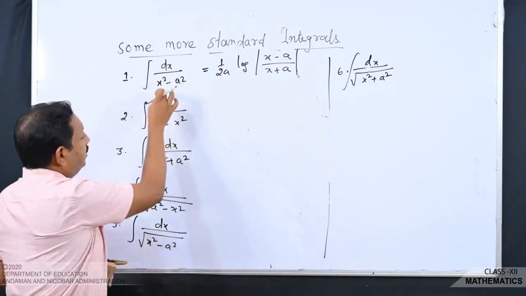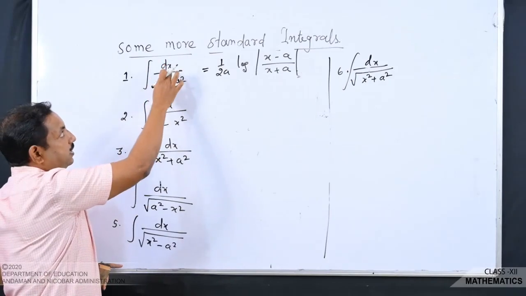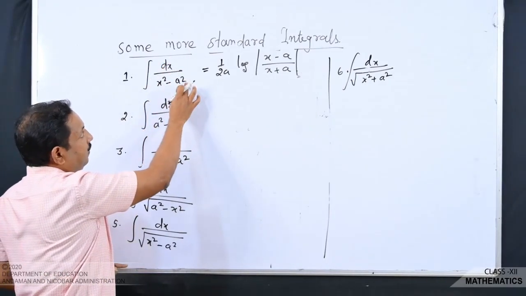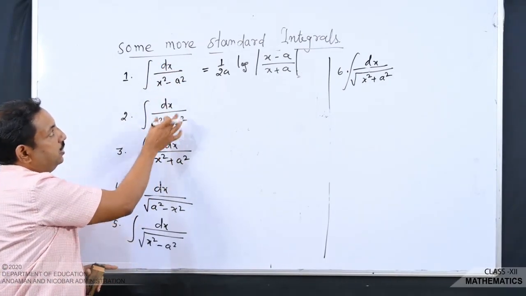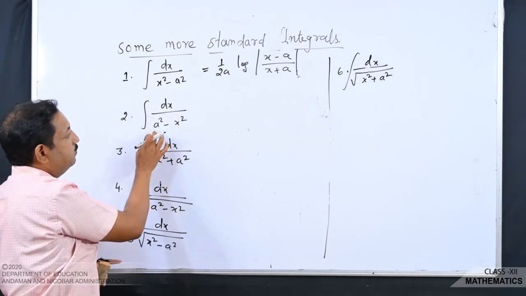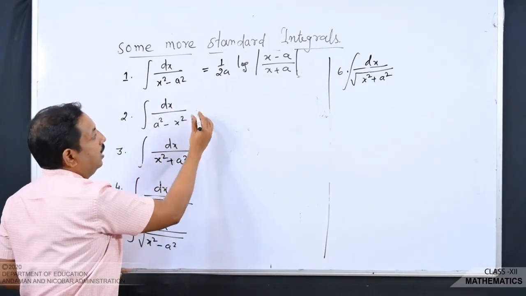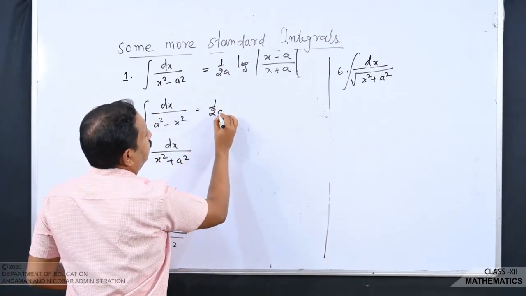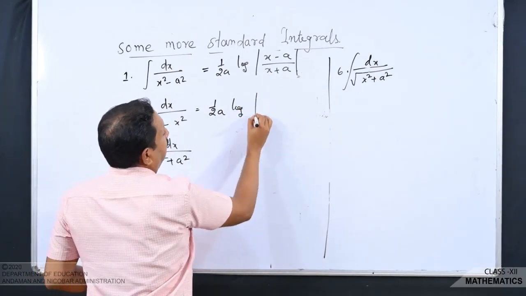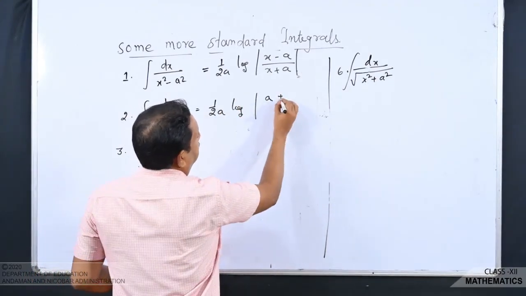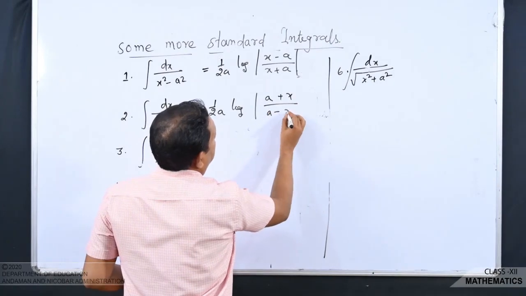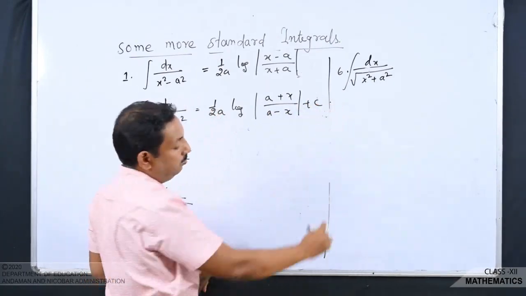And for the same thing, just interchanging x and a, dx by a square minus x square will give you 1 by 2a log of a plus x divided by a minus x plus c.